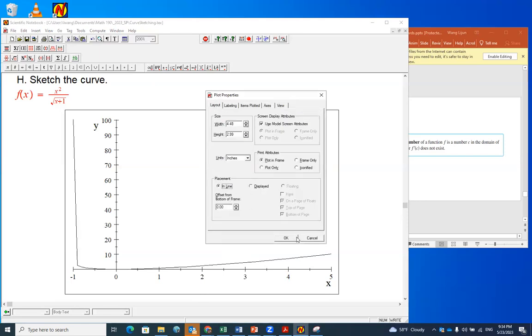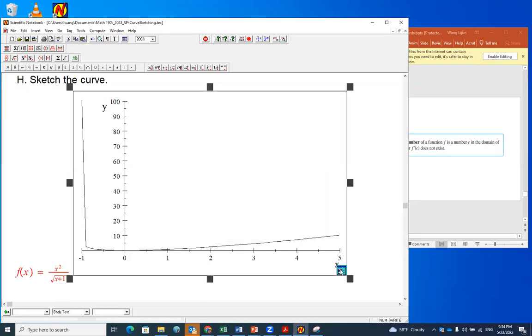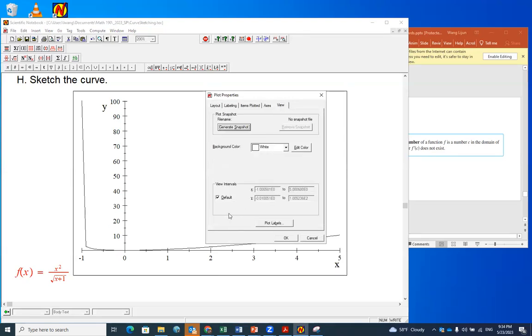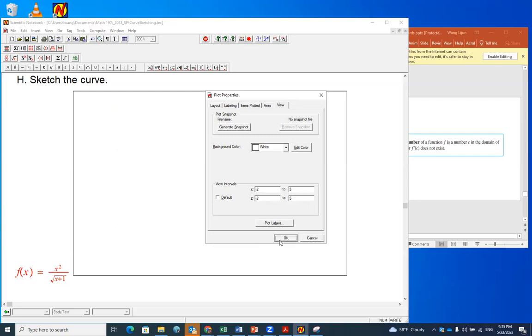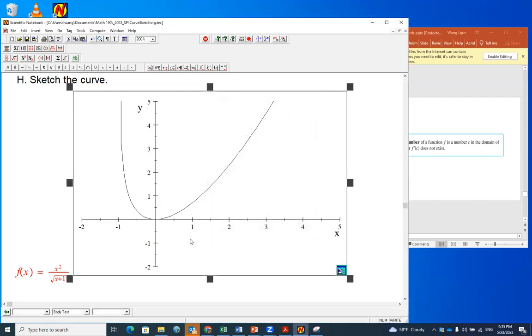And we are going to apply what we have found, right? First of all, the domain is from -1 to infinity, right? So you're not going to see any picture to the left of -1. You're not going to see anything on -1. So here I'm going to make some random adjustment and make changes accordingly.